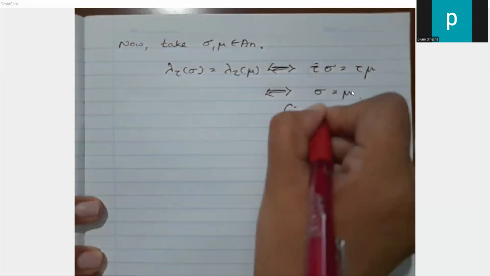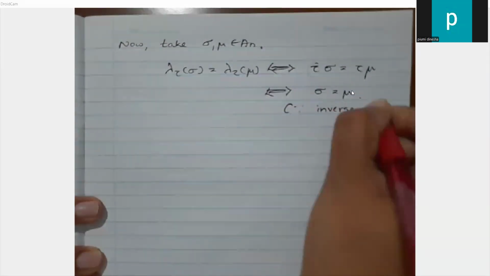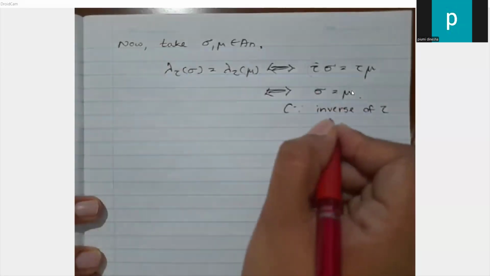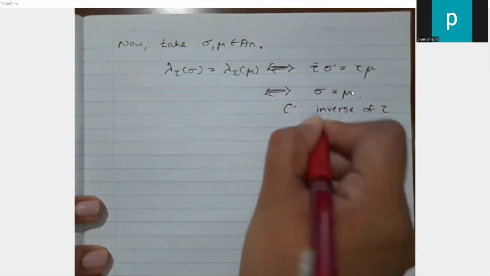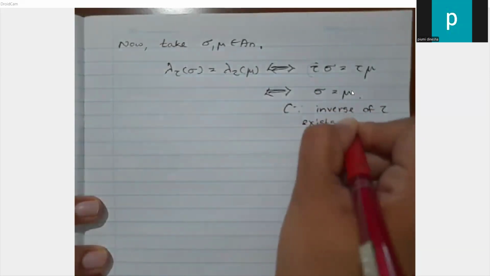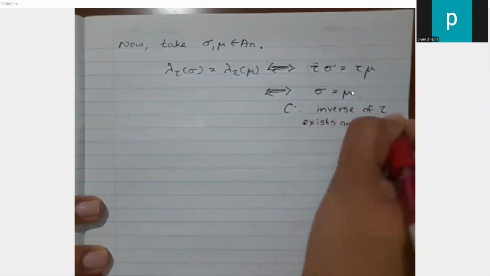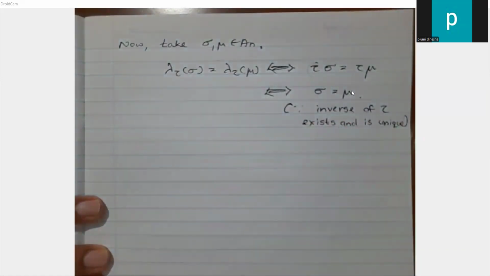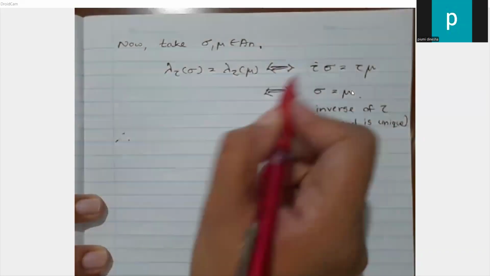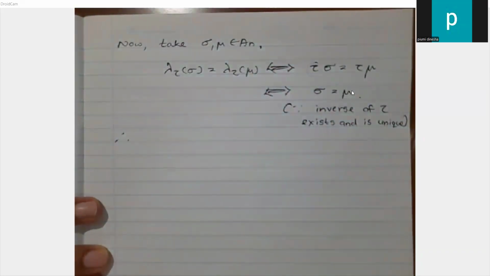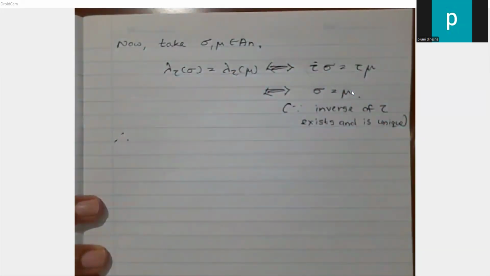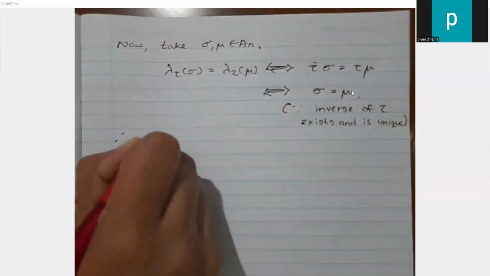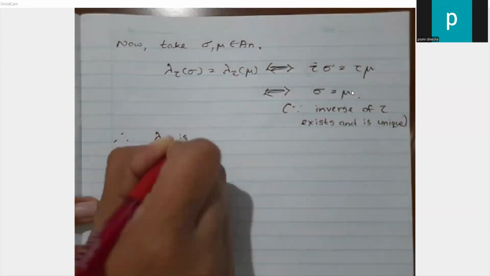So because the inverse of tau, which is simply (1 2) itself, exists and is unique, right? Therefore, going in the forward direction, we see that it's a one-to-one function. Going in this other direction, starting from here and coming back to here, we see that this is a well-defined function.